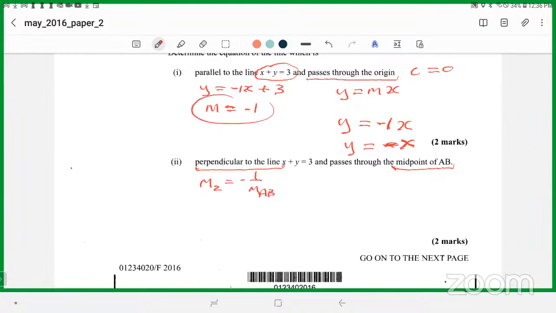The gradient of AB is the first line, the gradient of this line. All right, let's call it line 1 then. Gradient of line 1. So we're taking the minus 1 and putting it under here. So that becomes equal to 1. If you flip the minus 1 and change the sign, it just becomes 1. So the gradient of the line that you want is 1. And it passes through the midpoint. I would say the midpoint is the point 3/2, 3/2.